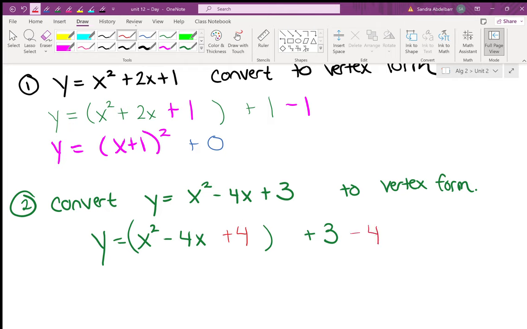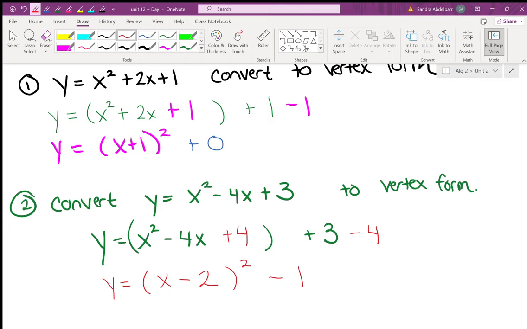Subtract 4. So now what ends up in the parentheses should be a perfect square trinomial, which means when I factor it, I get some quantity squared. What is going to be my quantity that's going to be squared? X minus 2. And then on the outside, I have a positive 3 and a negative 4. Do we agree that's a negative 1?